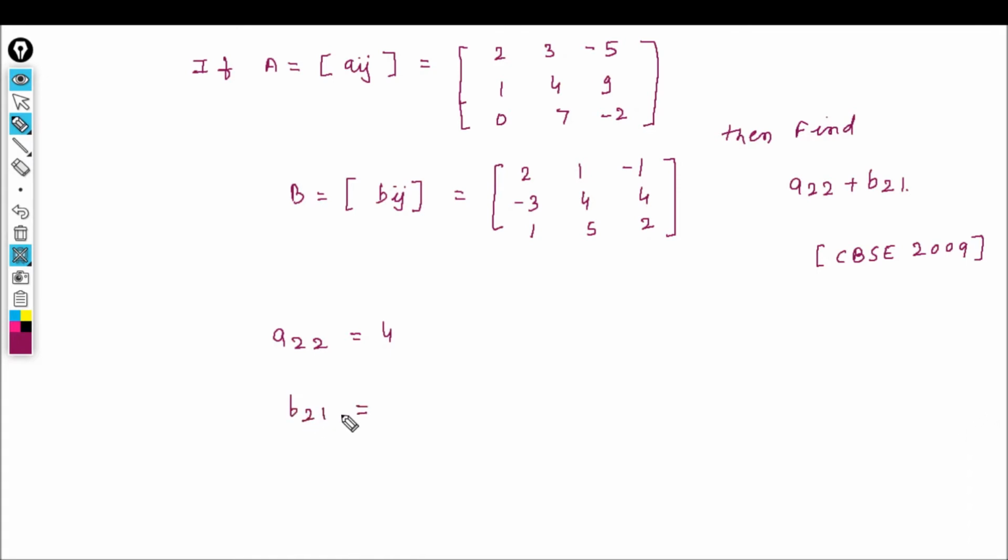That is the element in matrix B which lies in second row and first column. This is second row, first column minus 3. So therefore, what we have to calculate? A22 plus B21 is equal to 4 plus minus 3. This is equal to 4 minus 3, 1.